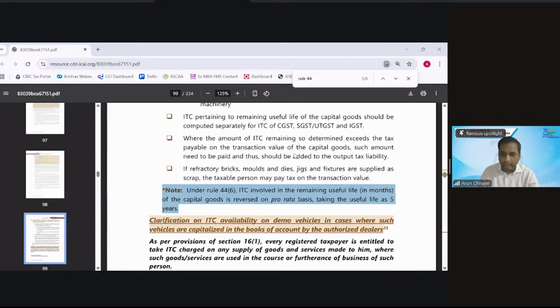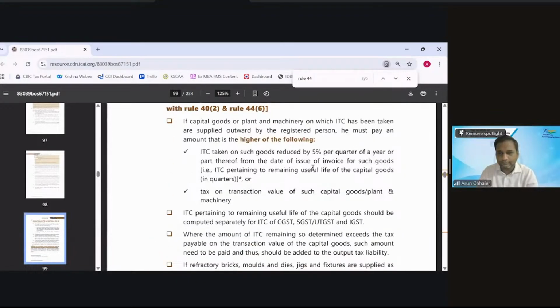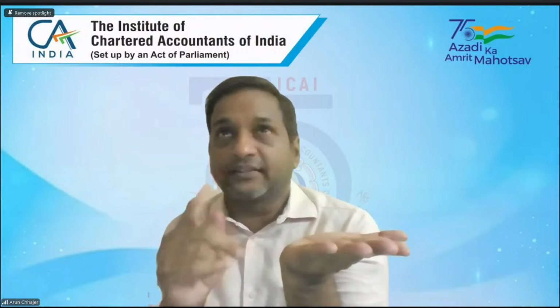Rule 40 sub rule 2, part thereof from the issue of invoice. Okay, you mean to say that, okay, so fine, you calculate in this way that you have used the asset for 4 year and then 4 month.